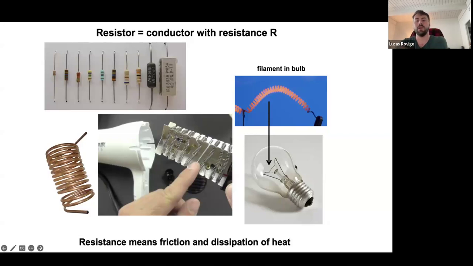And if you zoom on the filament in a light bulb, you see it's just a very small coil here. And since this coil is very small, the energy that's dissipated in the coil is enough to bring it to very high energy. It's emitting light.